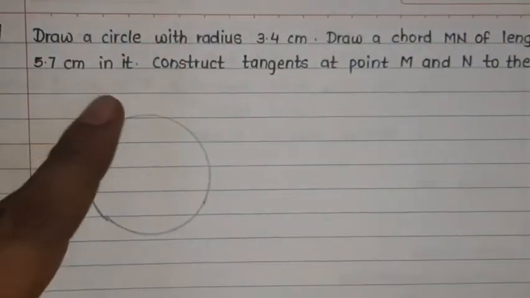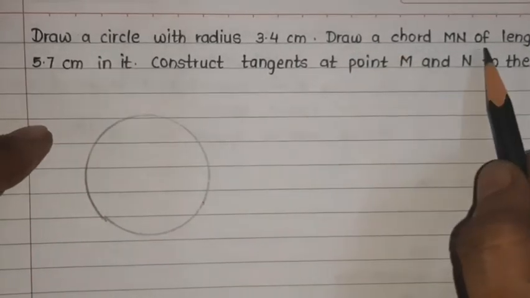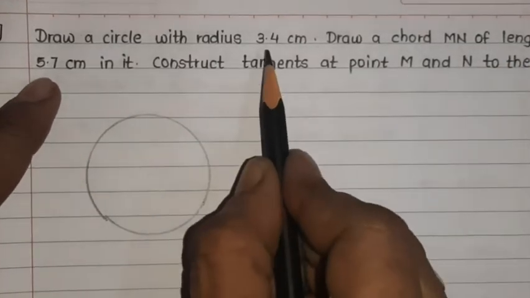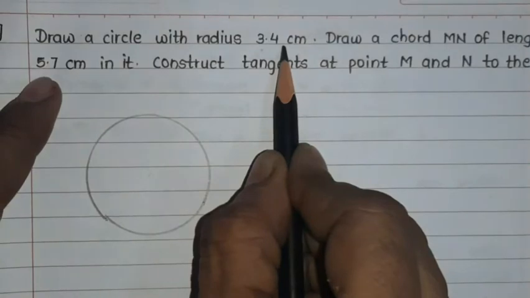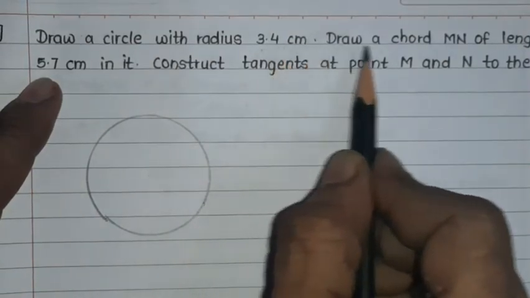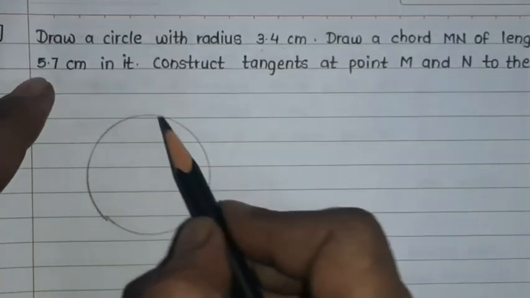Now see here, radius is 3.4 centimeter. Draw a chord MN of length 5.7 centimeter. Dear student, radius is 3.4. That means the diameter is 6.8 and the length of chord is 5.7 centimeter. That means it is less than diameter.